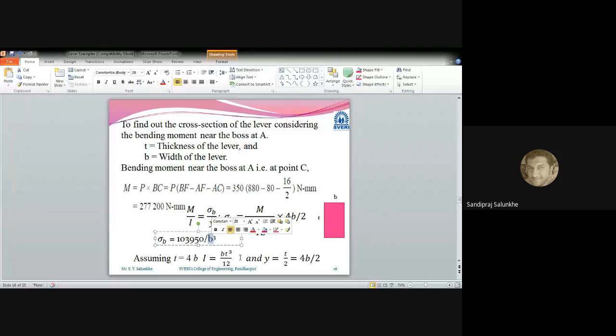This value divided by 70 will be b cube. 11.4. Directly calculate the value of b.